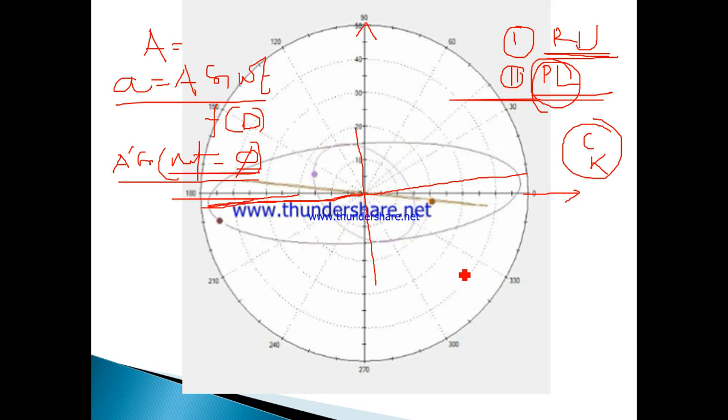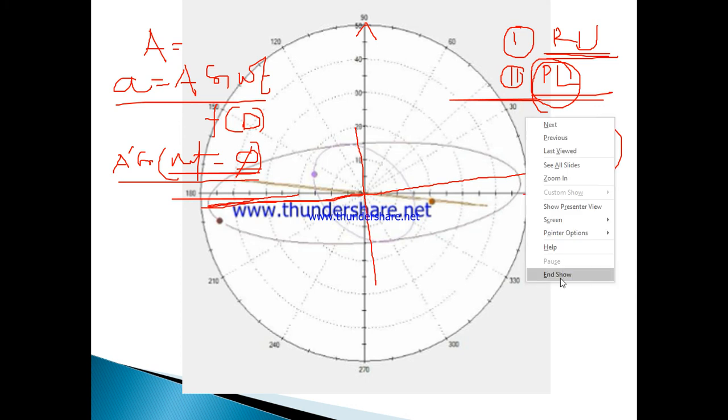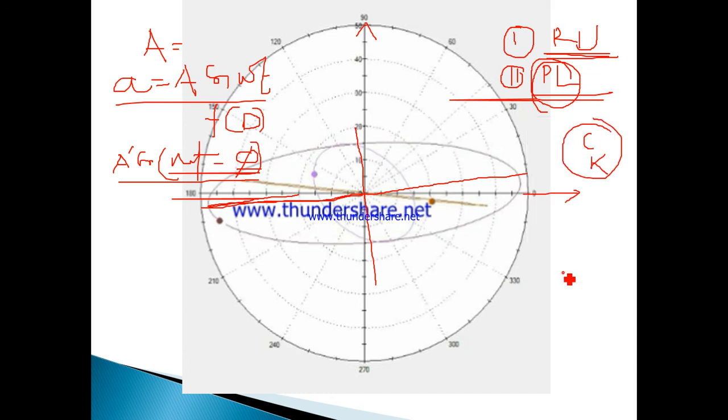This will give a good idea, I hope, so that by seeing the orbit diagram you can predict the healthiness or the dynamic behavior of the rotor. Thank you so much.